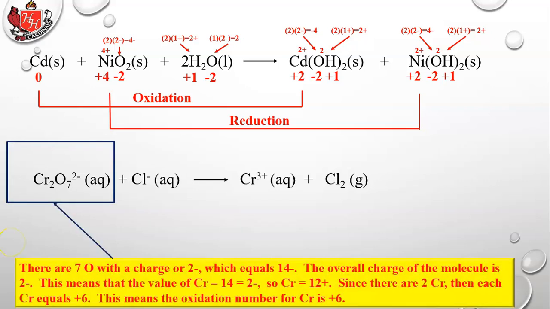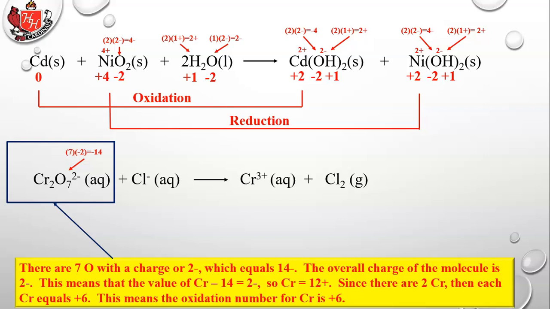Okay, so there are 7 oxygens with a charge of 2-. We always anchor oxygen with the 2-. That equals 14-. So we see that up above. 7 times 2- is 14-. The overall charge on the molecule is 2-. That's the 2- you see in the chemical formula. This means that chromium minus 14 equals 2-.